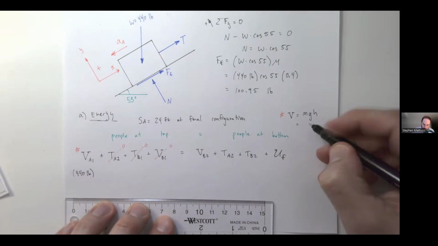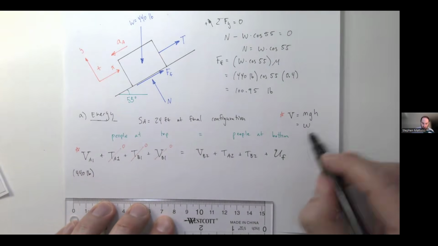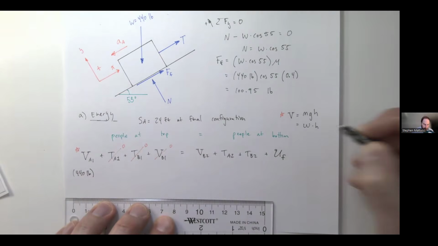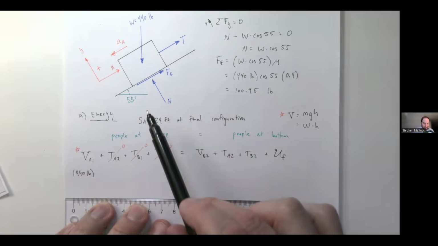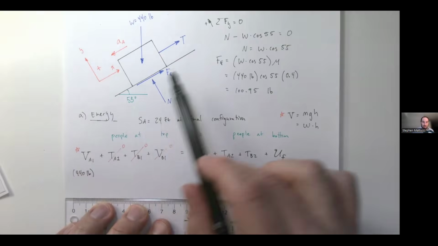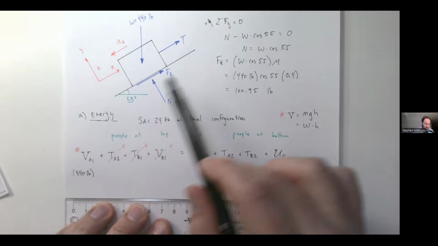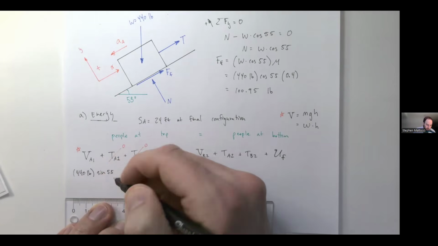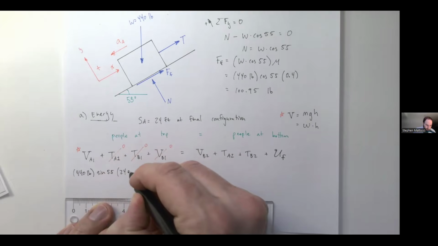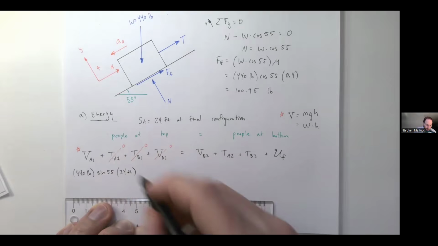And m times g is also weight. So I'm just going to sub in the weight in pounds times the height. So that's what this is here, 440 pounds. And then we need the height when this distance is 24. So we need sine 55 times 24 feet.